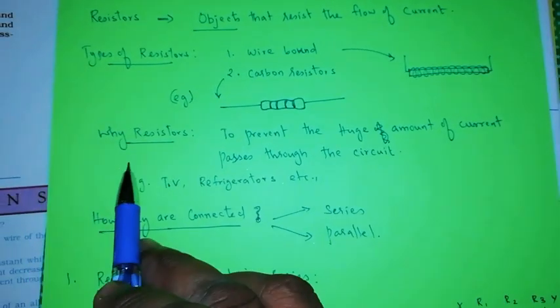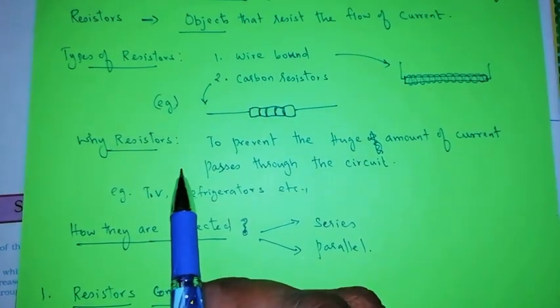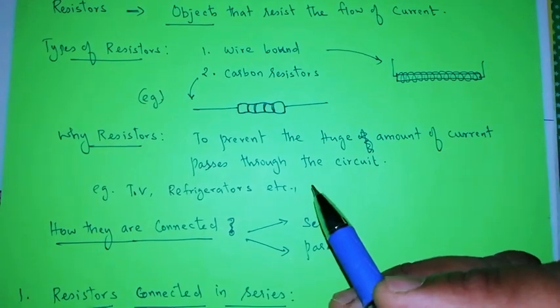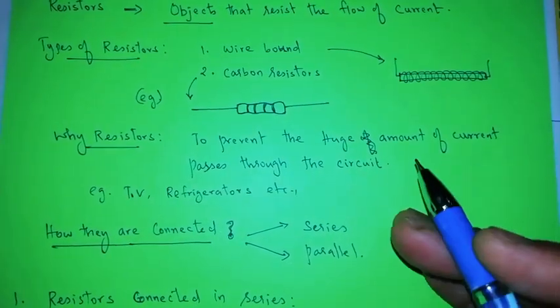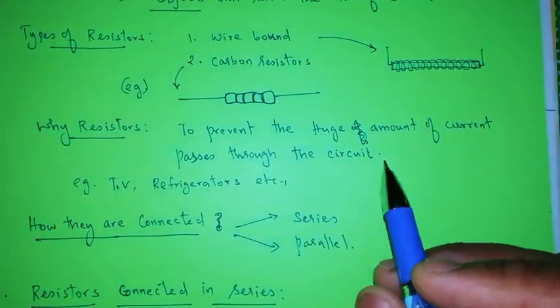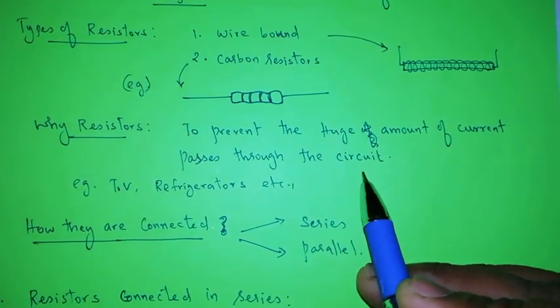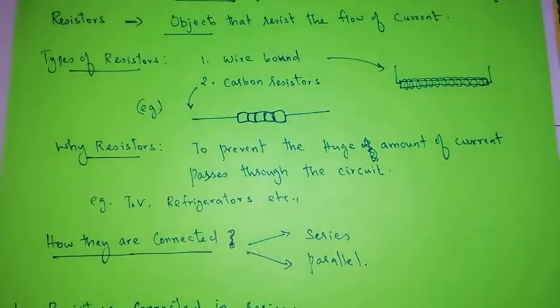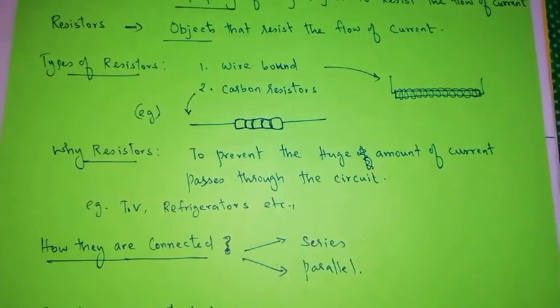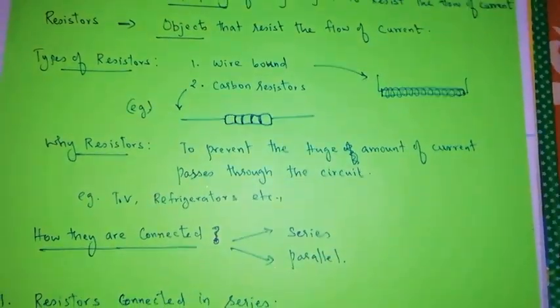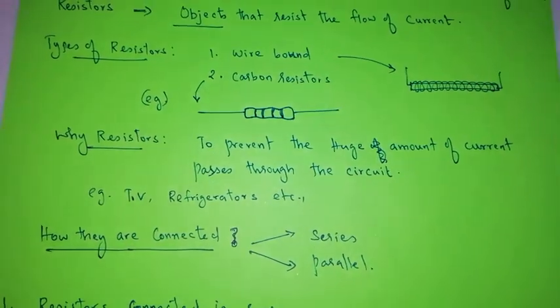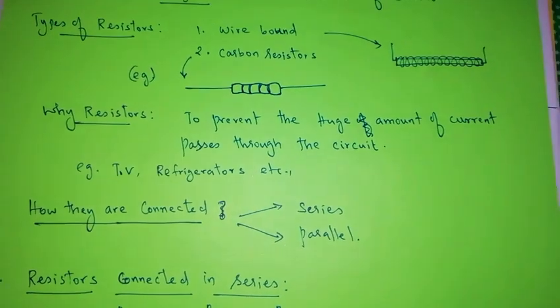Why do we need these resistors? The main purpose is to prevent a huge amount of current from passing through the circuit. For example, these resistors are inside your TV or refrigerator, and most electrical appliances.